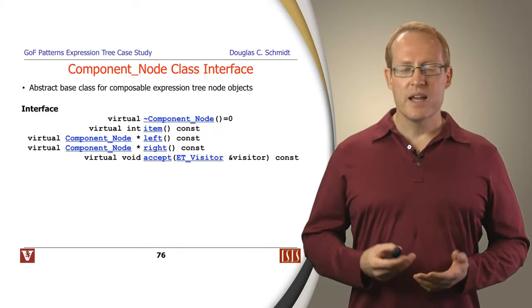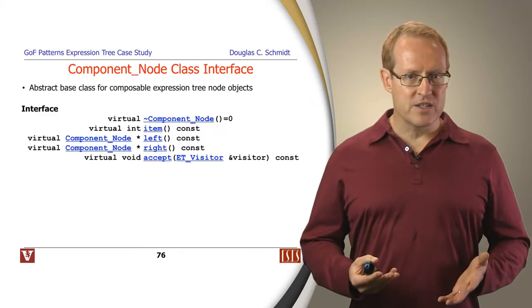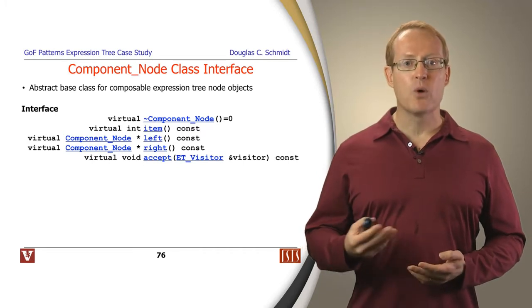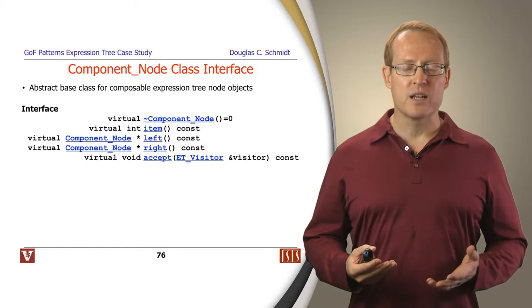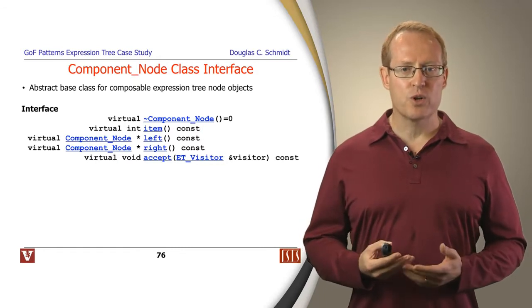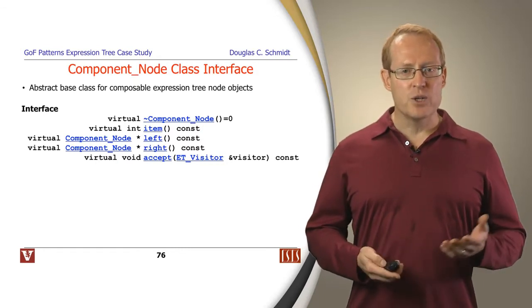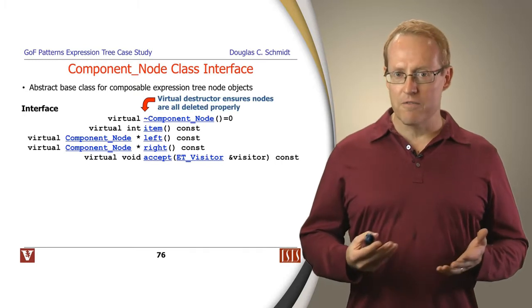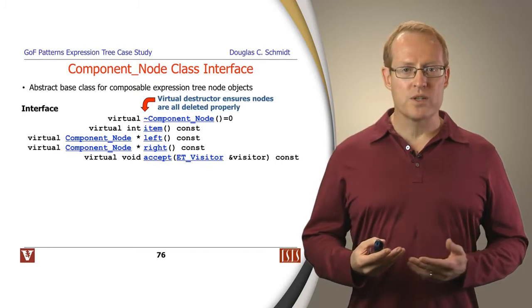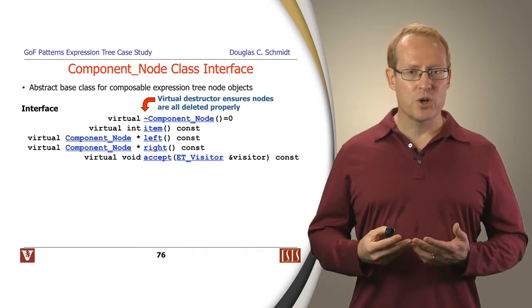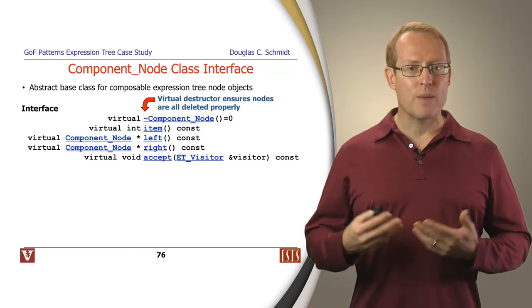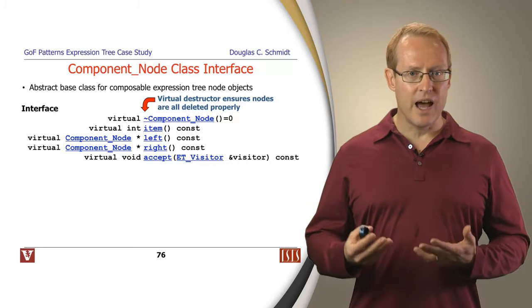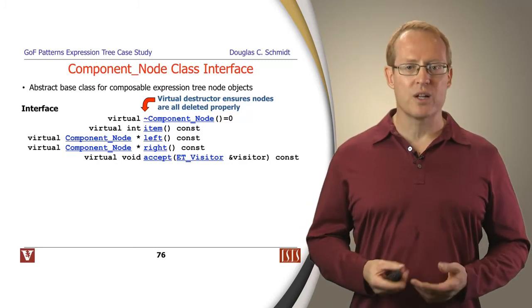Here's an interface that we're going to define called component node, and this is the abstract base class for composing together the various expression tree node objects. As you can see when you look at this interface, it's got a virtual destructor, which is a C++ feature that ensures that the subclasses of component node will properly be deleted when we delete an object through a pointer to the component node class.